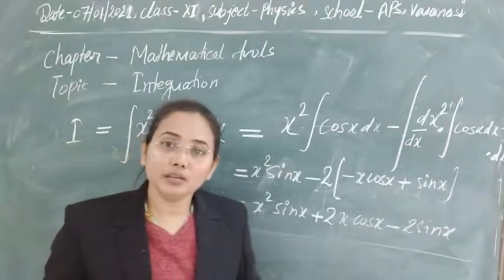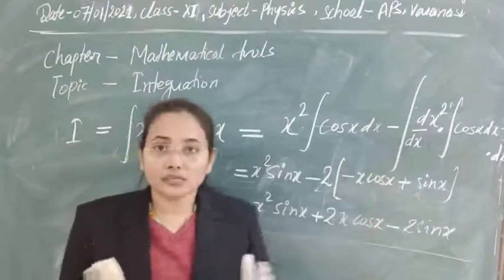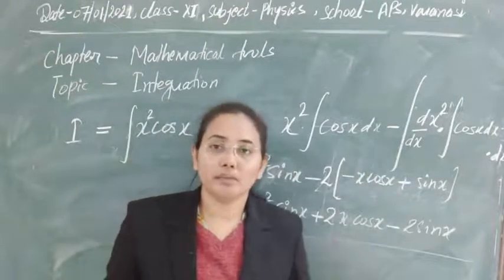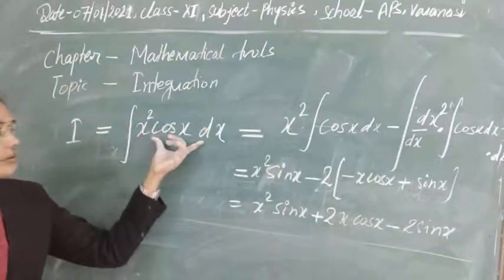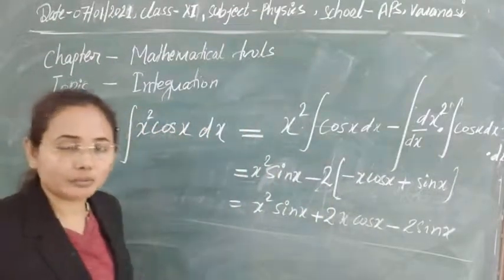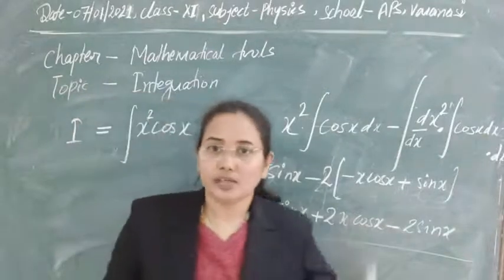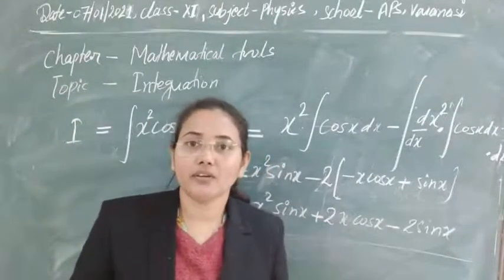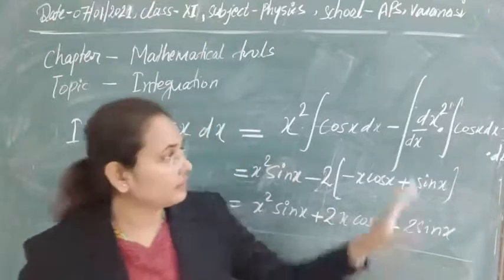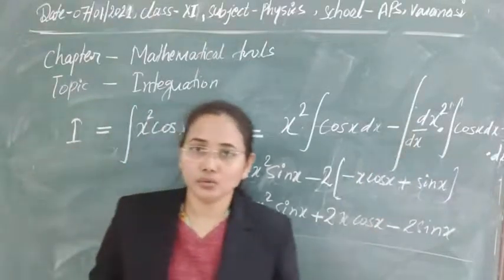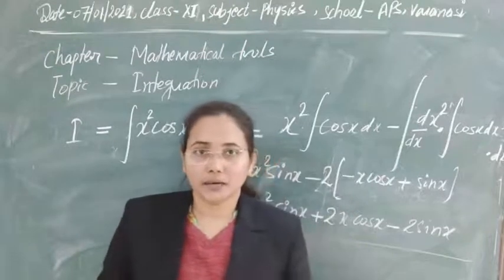So x cube into sin x you will have. So again, how can you apply it, because it is increasing. In the problem we had only x square cos x, but now we have converted our problem into x cube sin x. So this is an extended way for our problem. This is not the way to solve it.